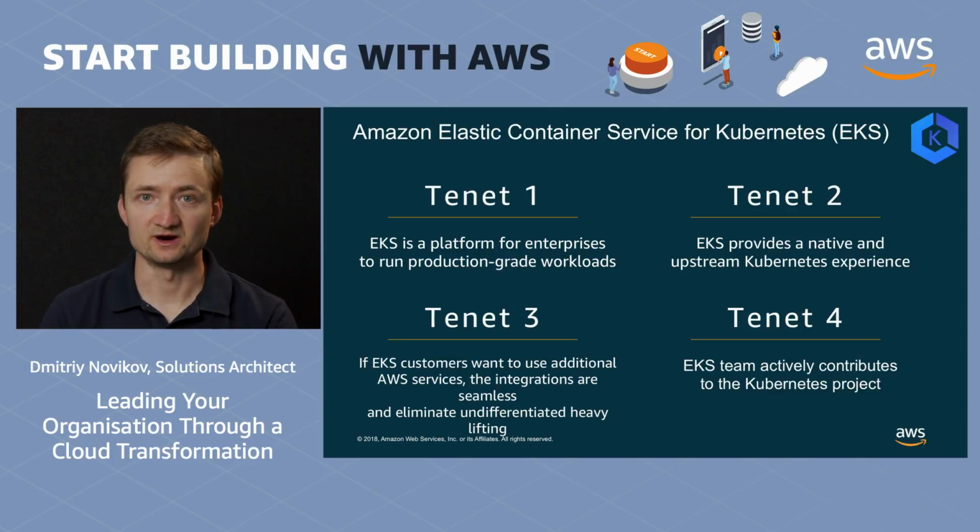The other thing our customers care about is integration into the rest of AWS, and this is another area where we plan to focus and contribute upstream. And the next tenet is that the EKS team actively contributes to the Kubernetes project to improve the Kubernetes experience for all AWS customers.